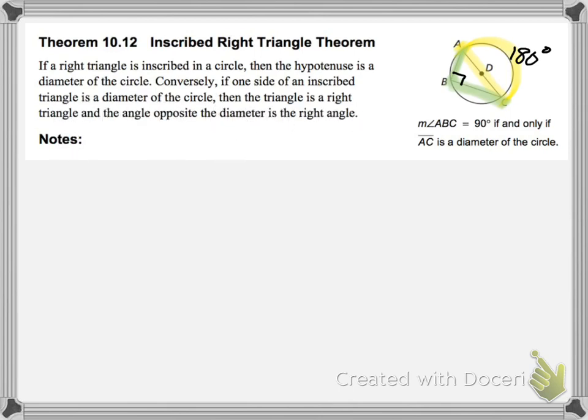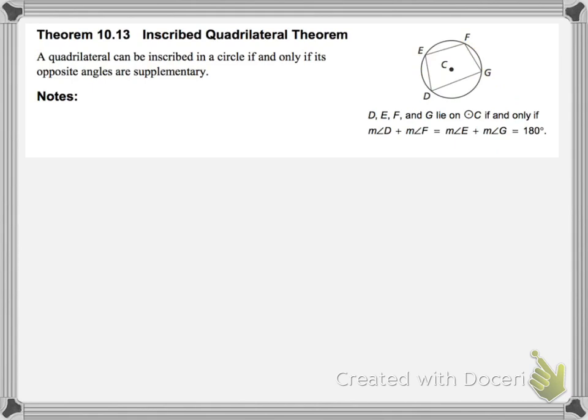So basically if I have a right triangle inscribed in a circle, then the hypotenuse is a diameter. Or if I know that I have a diameter and this is a triangle, then I know that triangle is right. Okay, so that's with the triangle. Now, if I have an inscribed quadrilateral, quadrilateral just means 4 sides.